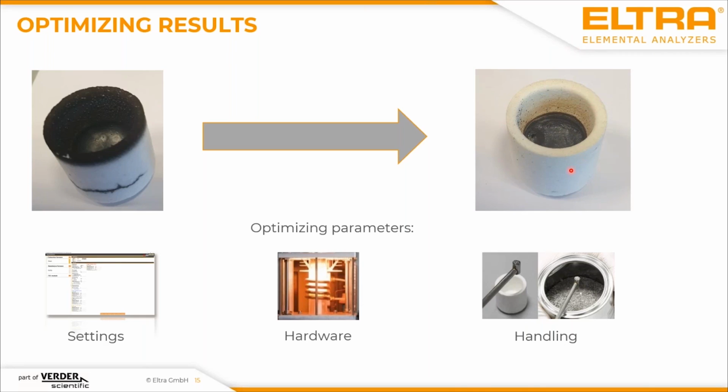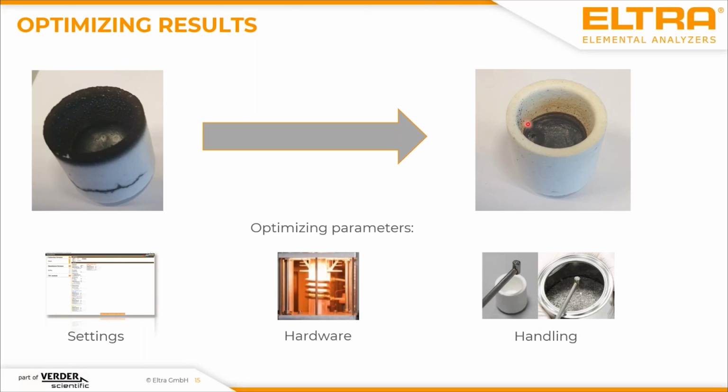And this is how your crucible should look after the burning process. Then you did everything correctly, and then you will get very nice results. Might be that you get good results here too, but here you have to clean everything after 5 measurements. This is why we don't recommend to do it like this. Always try to have it like this.